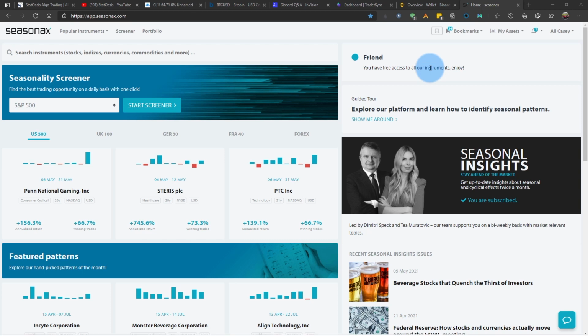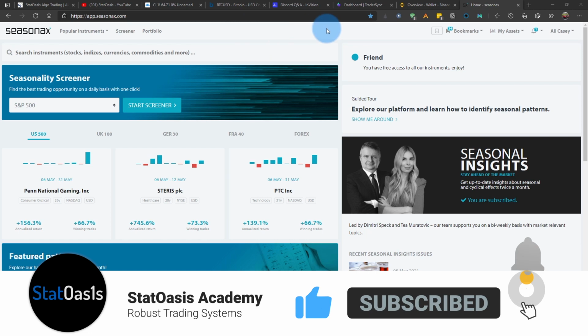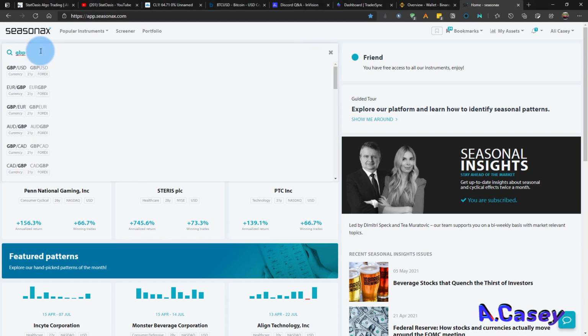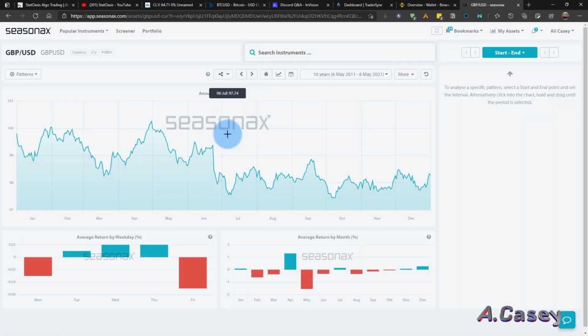So today I will show you a seasonal bias in the British pound. If we go to Seasonax, my favorite tool to find seasonality and biases in many instruments, stocks, currencies, futures, let's search for British pound, and we will go with the US dollar.